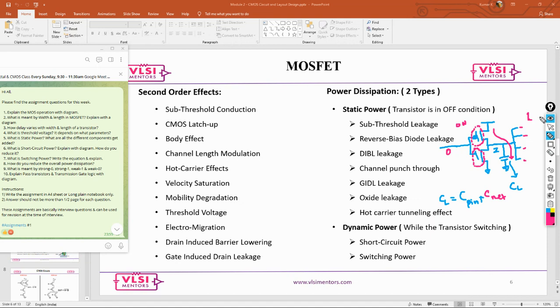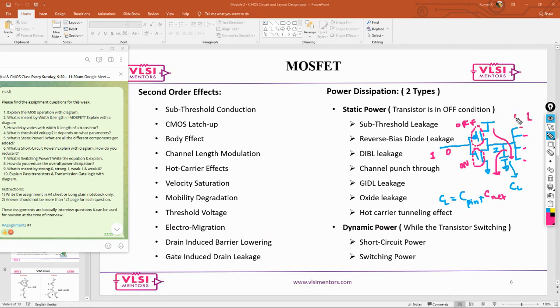Now say all these guys will be seeing logic 1. When the input is 1, what will happen? This becomes on and this becomes off. Now what actually happens is it would discharge completely, and when it gets discharged the logic would be 0.